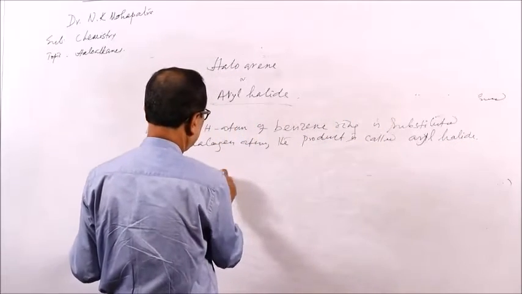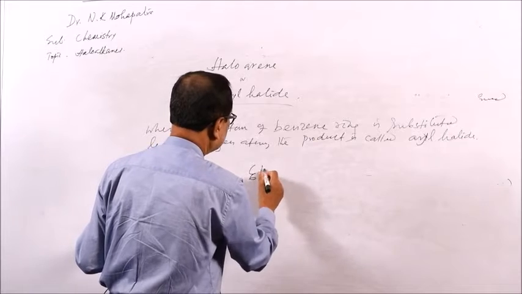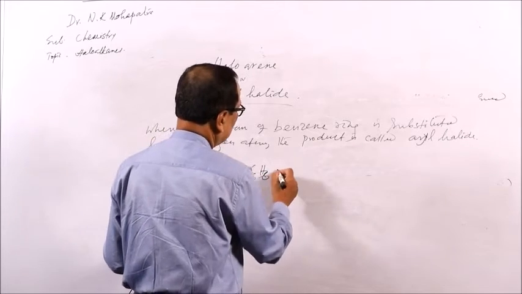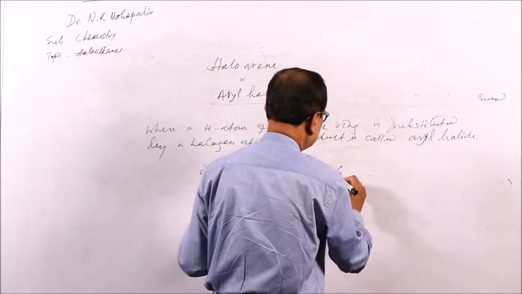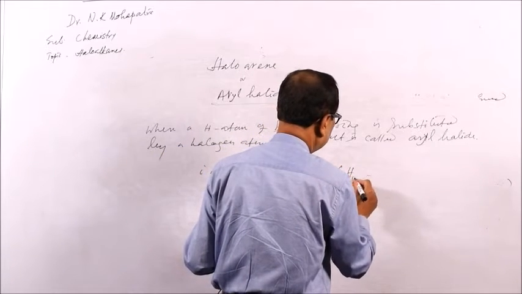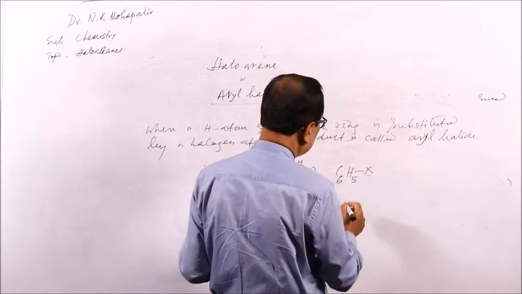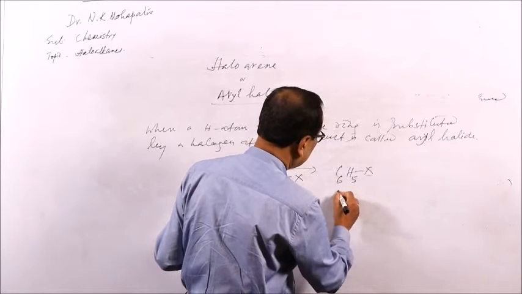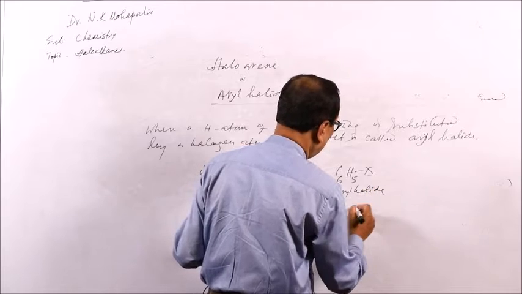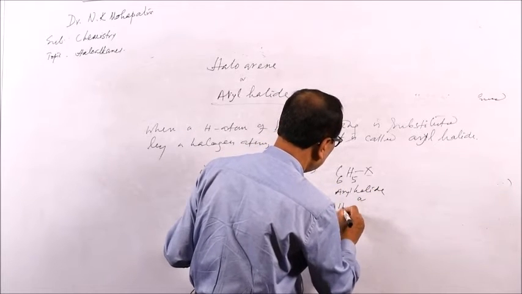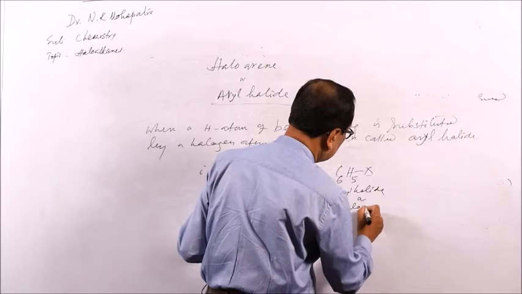That is, if you take C6H6 minus hydrogen plus X, you get C6H5X. This is your aryl halide or haloarene.